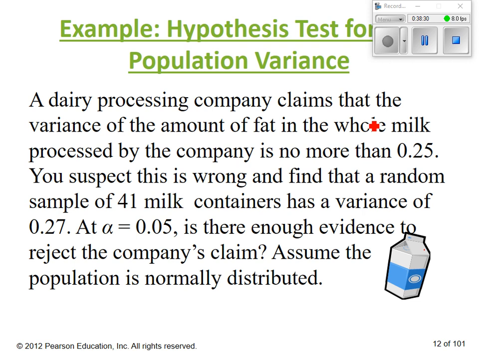Variance of the sample, 0.27, over the variance of the population, which was 0.25. Type all that into your calculator. Somebody tell me what you come up with.